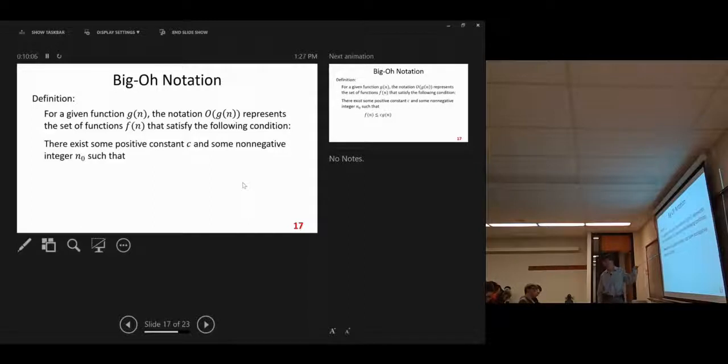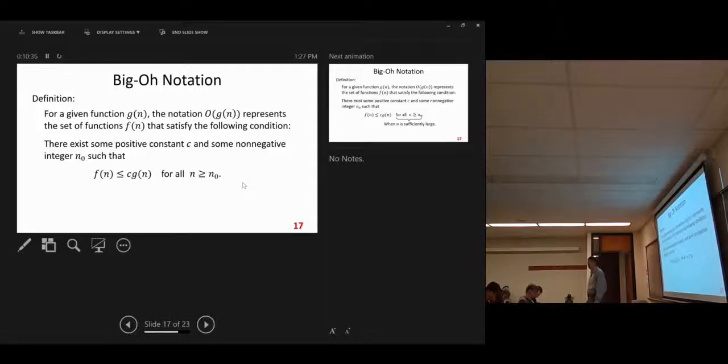There exist some positive constant c and some non-negative integer n0, such that f of n is less than or equal to c times g of n for all n greater than or equal to n0.